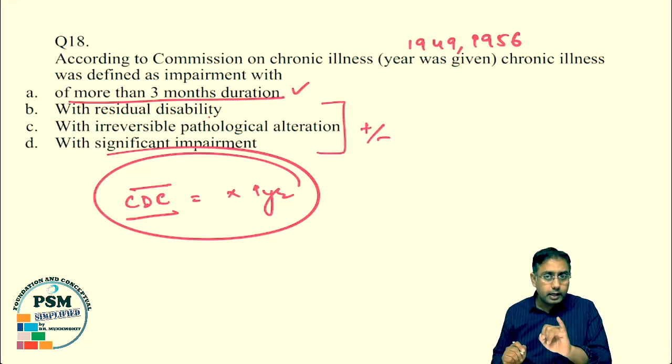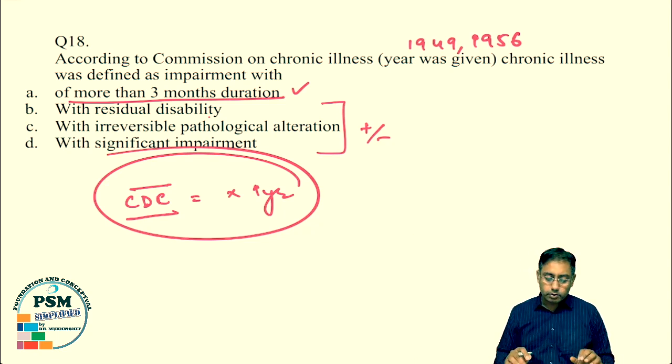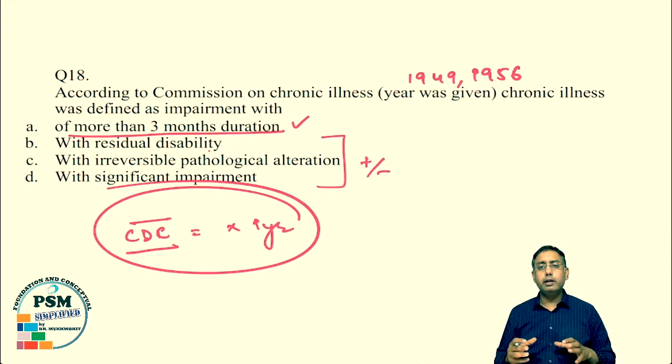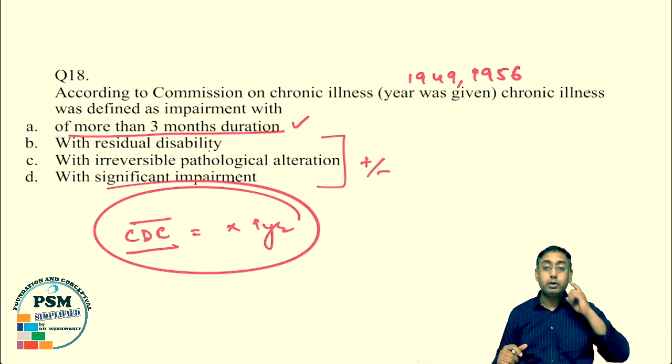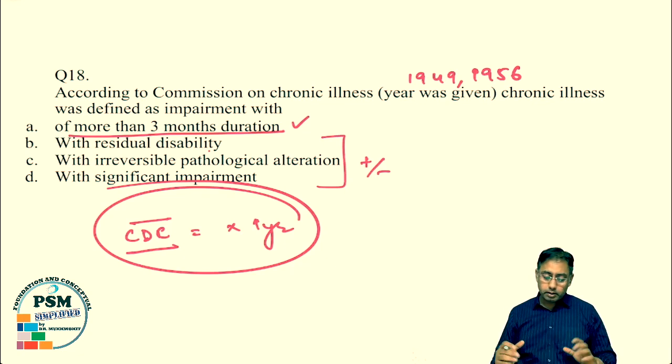The WHO guidelines, the American guidelines, the European guidelines, the Australian guidelines, everybody sticks to the Commission on Chronic Illness. More than 3 months, we call that chronic illness. CDC is particular in the sense that there's a lot of budget involved. There are monetary financial liabilities as well, along with the chronic disease. So they might have taken that as criteria. But anyways, this question is pretty simple. I would like to mark option one as my best option.